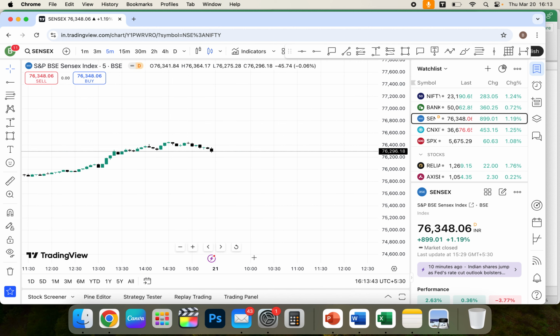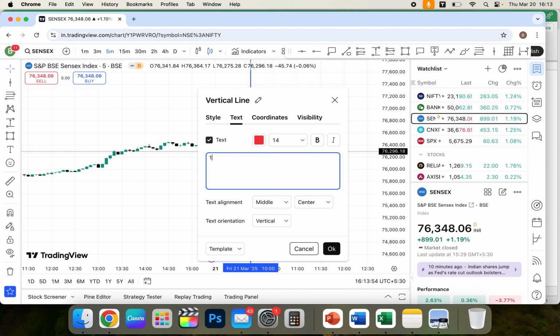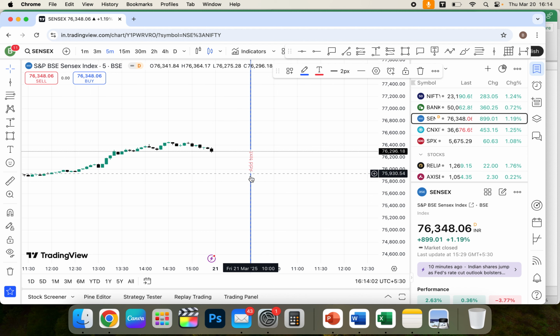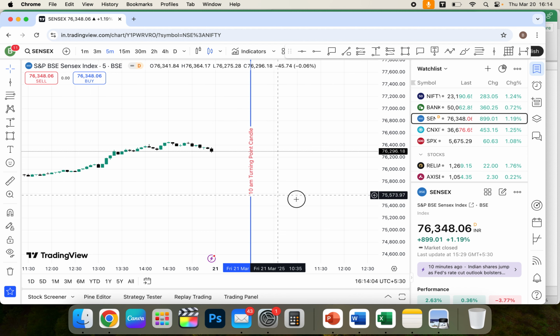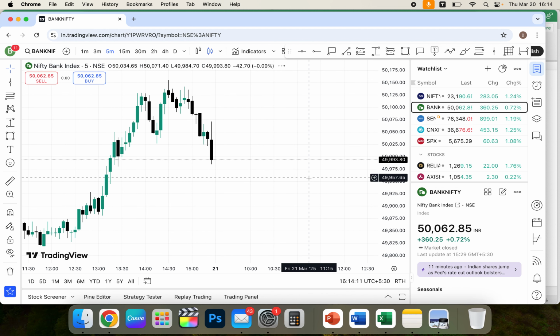Let's mark the candle. It's the 10 a.m. turning point candle. Okay. Let's go to Bank Nifty.